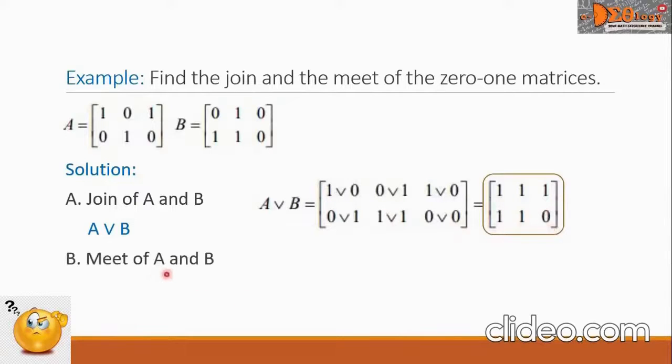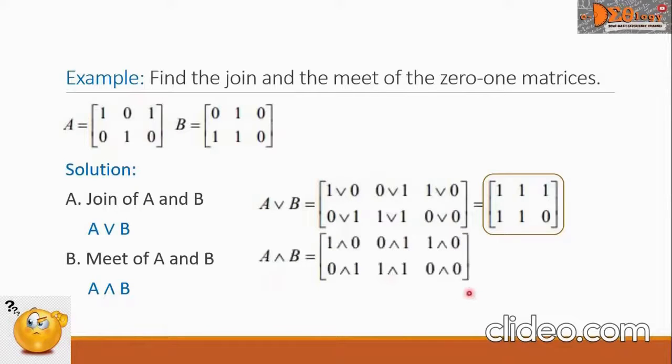Next is the meet of A and B, and this is denoted by A AND B. Remember that for the Boolean operation AND, the value is always 0 except when both of the values are 1.